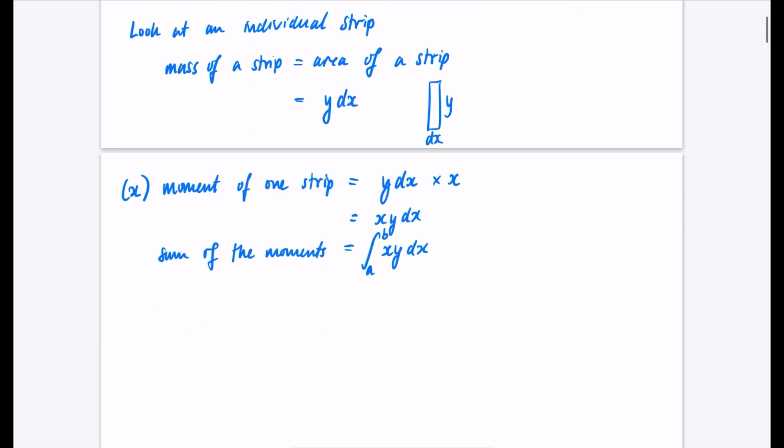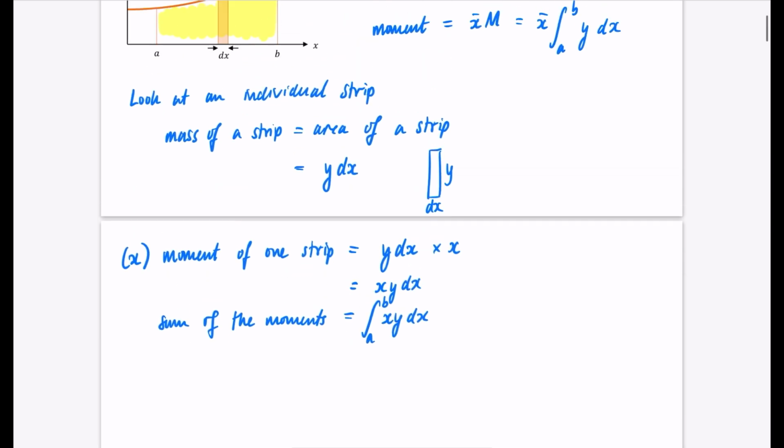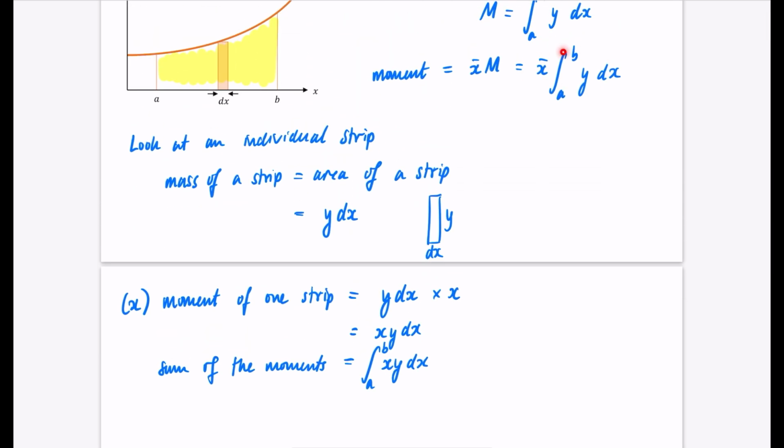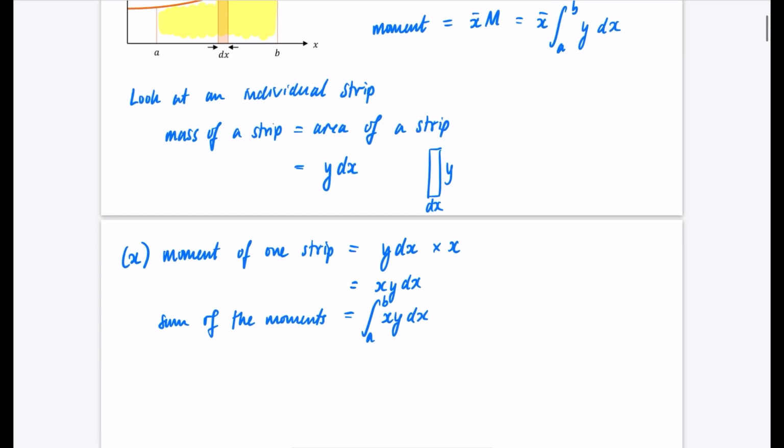So we've now come up with what x bar is going to be. This must be equal to this. So I'm just going to write that down: we now have that x bar times the integral between a and b of y dx must be equal to the sum of these moments. Remember, this means the sum of, so we're adding up all of the x y dx between a and b.